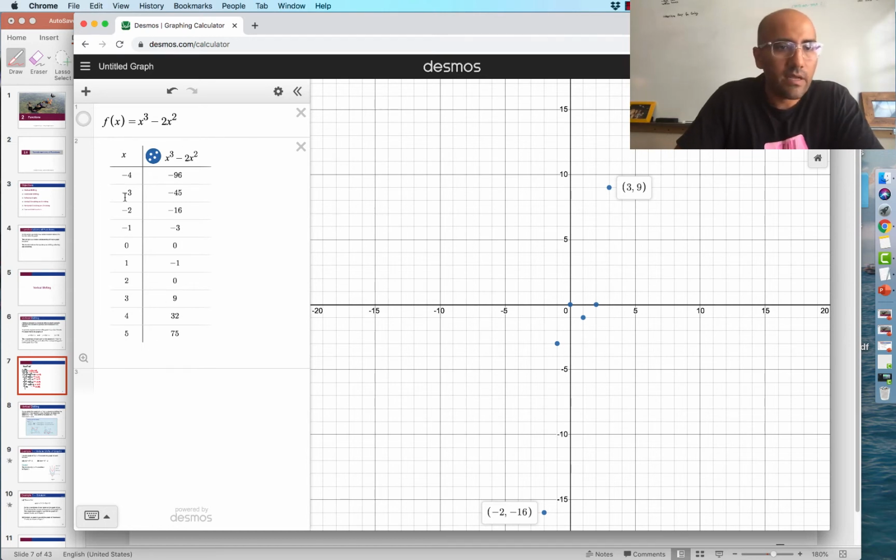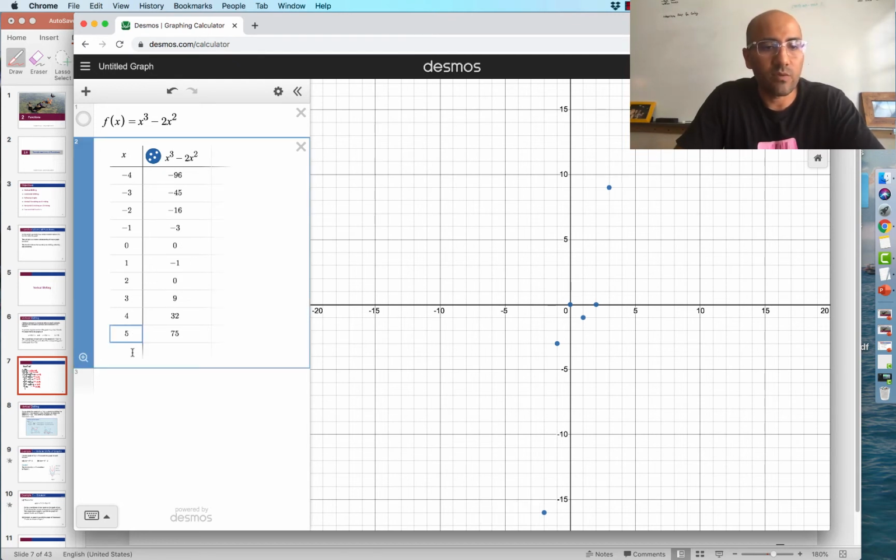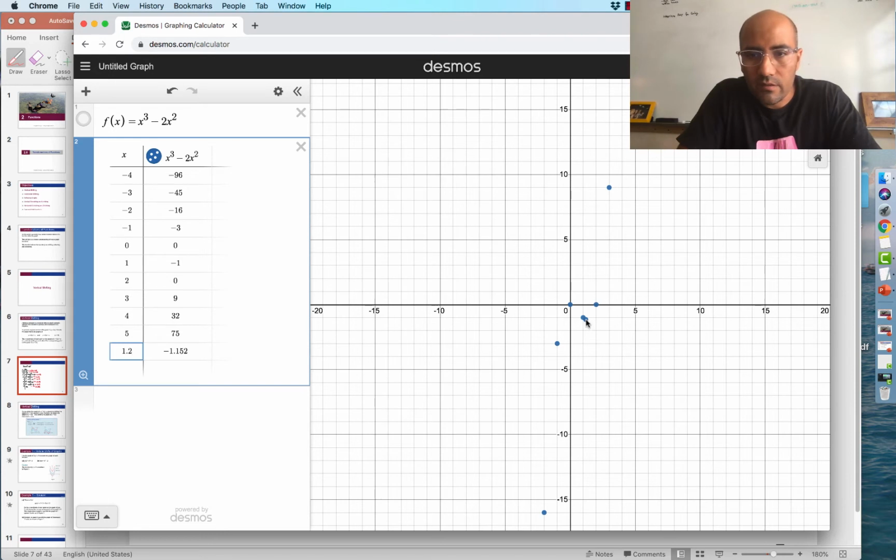Okay, now the nice thing about this technology is I don't have to stick to simple whole numbers. I can put in some decimals as well. So if I evaluated that function at 1.2, I can get an output, right? And that would be over here, 1.2, -1.152.